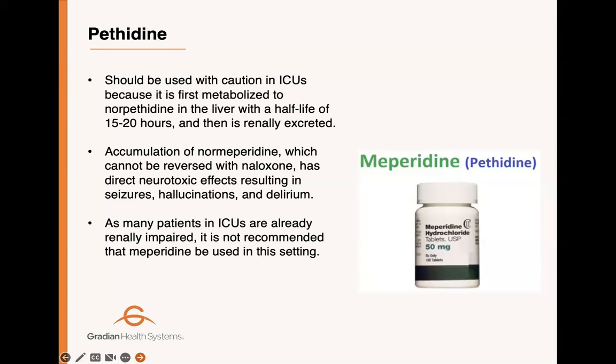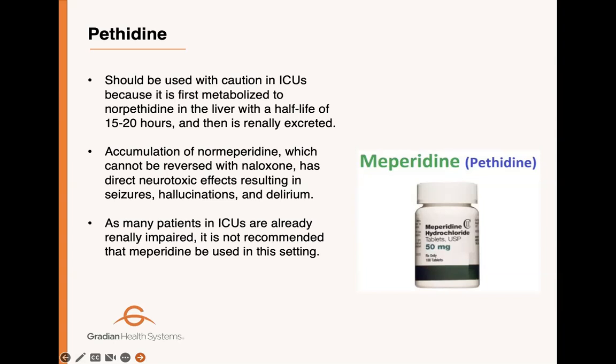We advise to use it with caution, but in other settings, like in the developed world, pethidine is not even on the list of opioids available in the ICU. Even in the guidelines for pain management, it's not there. But in our setup, we use it, with caution, bearing in mind that it can accumulate, especially in a hemodynamically unstable patient.